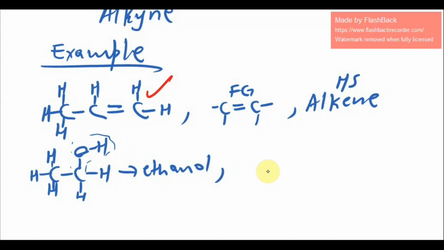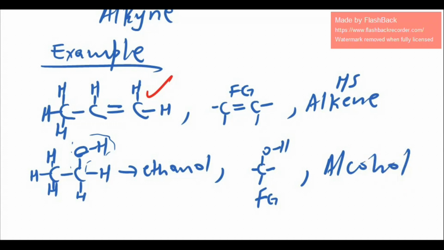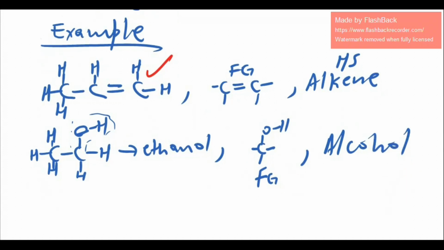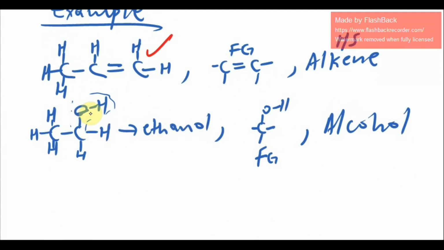So we have this functional group, carbon OH. Carbon is bonded to OH. Okay, that is the ethanol. So this is the functional group, right? Then the homologous series of the compound with this functional group is alcohol, which means this is an alcohol. Okay? Is this a hydrocarbon? Since there is this oxygen, it is not a hydrocarbon.